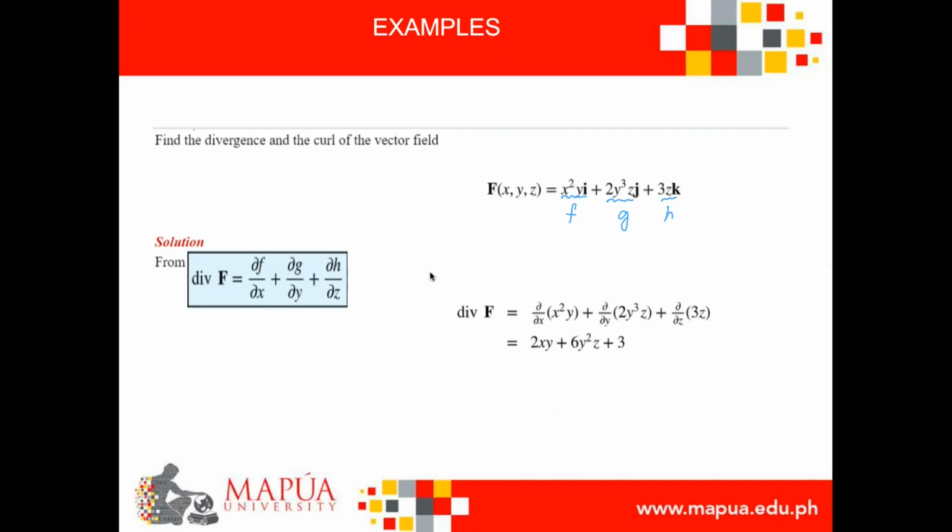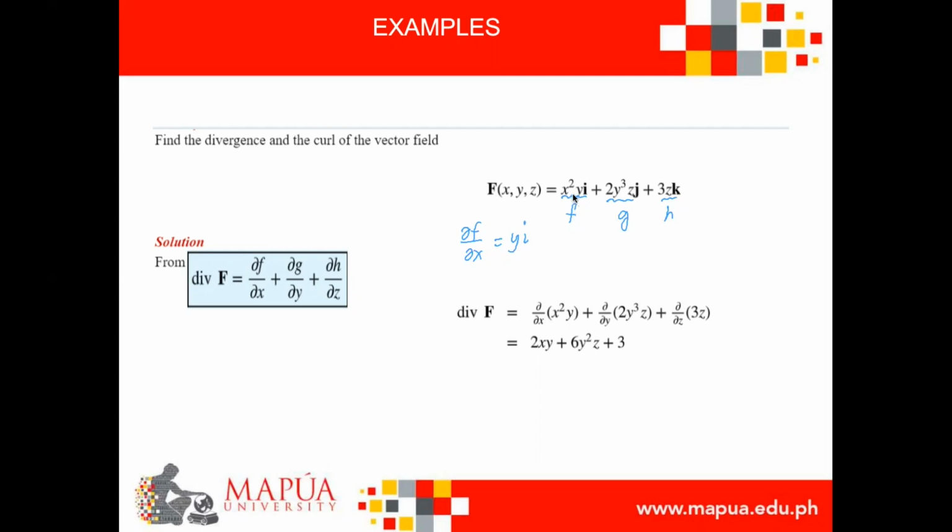So we have here now the partial derivative of f with respect to x. So what is your constant here? It is y. You may also include i.